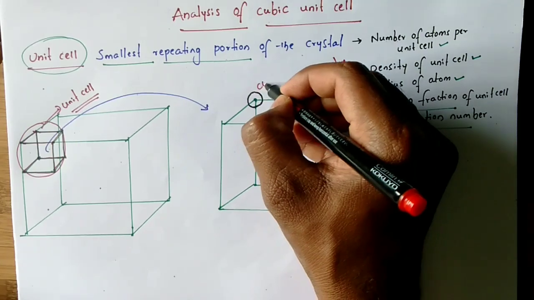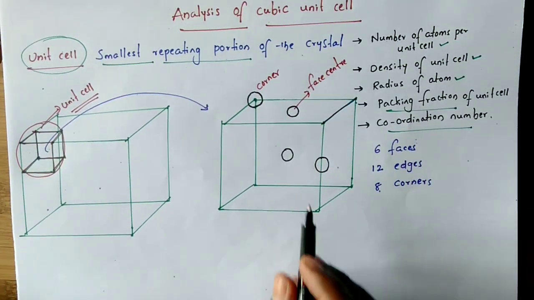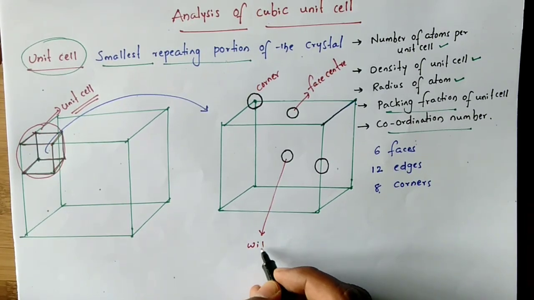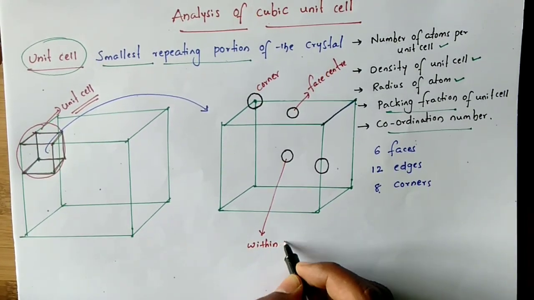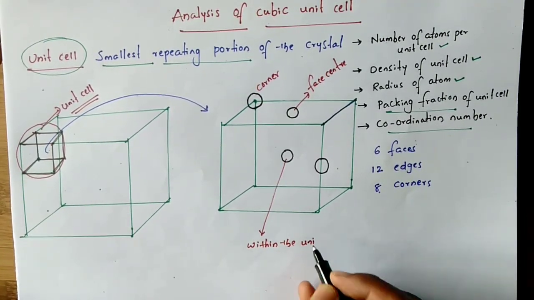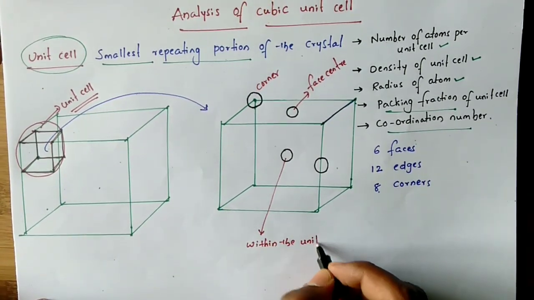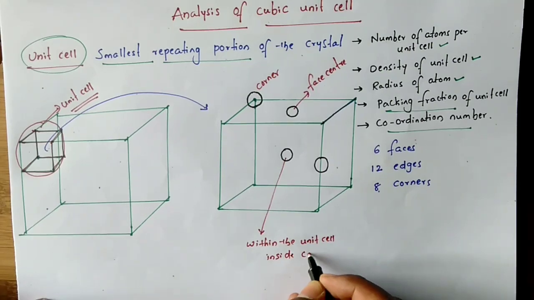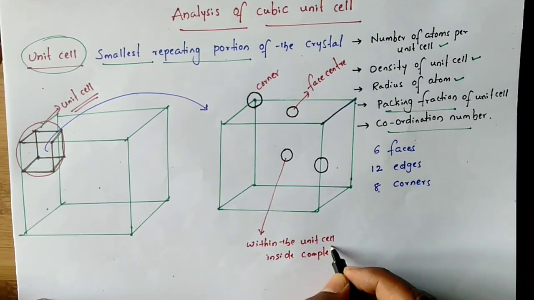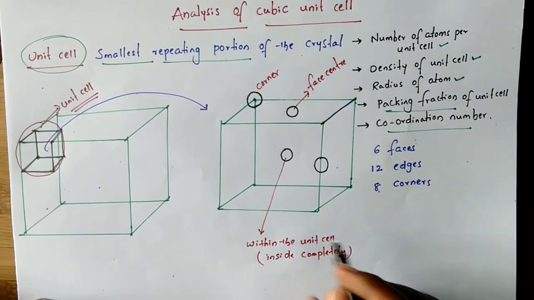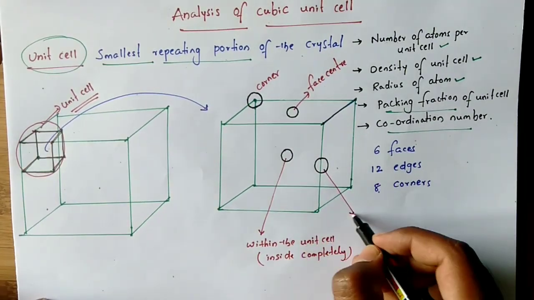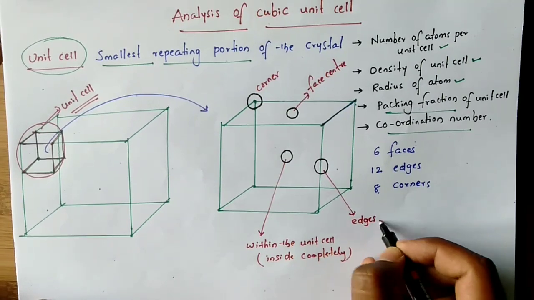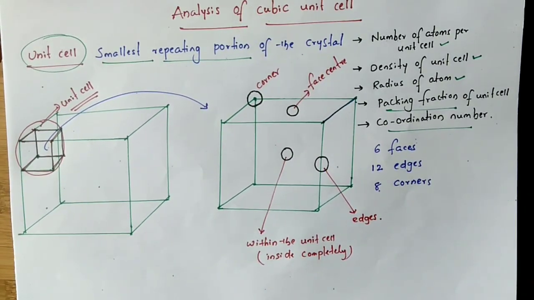This is exactly within the unit cell, completely inside the unit cell. And this is on the edges. Like this, 4 types of arrangements are there.